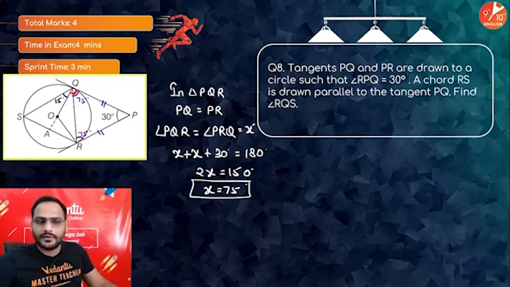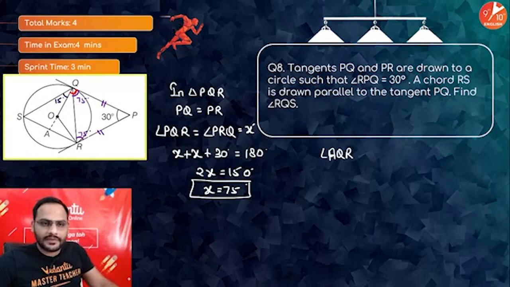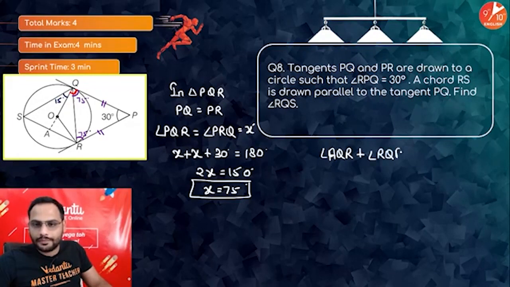degree. Alright, so now I can say, sir, angle AQR, this part, plus angle RQP is equal to complete angle AQP. Angle AQR we need to find out. Angle RQP we have got as 75 degree.